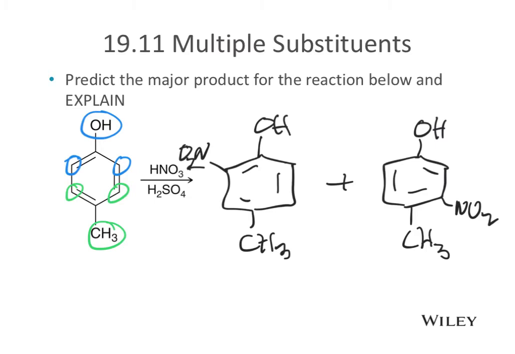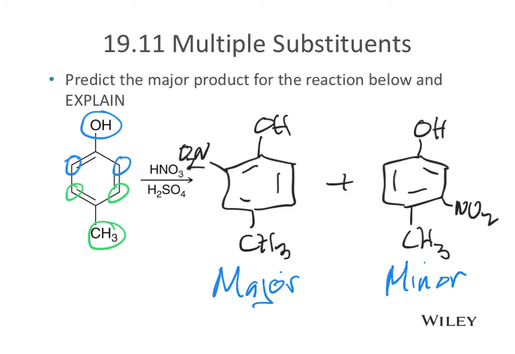Well, when you have activating groups, the major product is going to be the consequence of the stronger activating group. OH is a stronger activator than methyl, so the OH is going to have more to say about how this chemistry transpires. So our major product then in this comparison is going to be the one that has the nitro group ortho to the hydroxy group, the alcohol group, and we'll have a minor product where we nitrate in the ortho position relative to the methyl group.